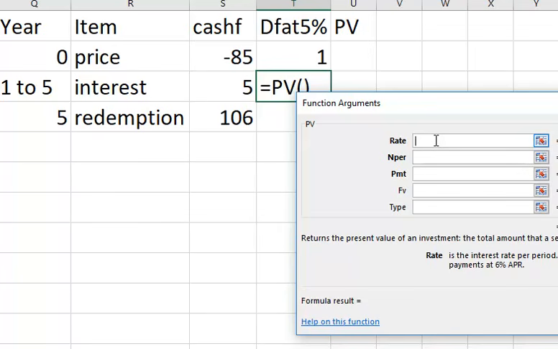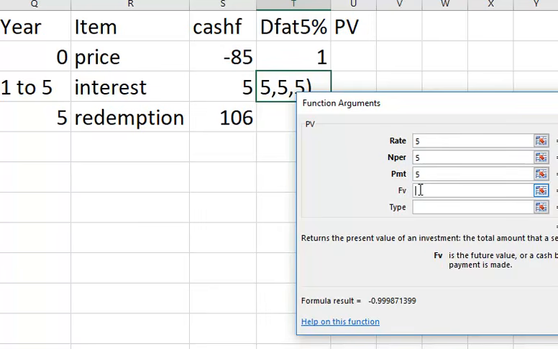So the interest rate is how much, 5, right? So you put 5. Period is the redemption period, which is how much? 5 years as well, just very coincidentally. PMT, that should be what? It should be your interest rate. Let's put 5 again.